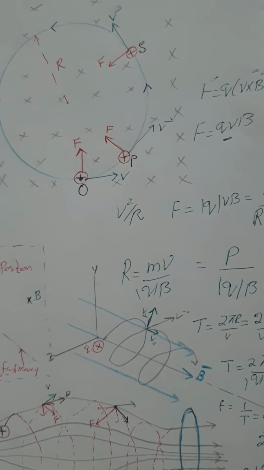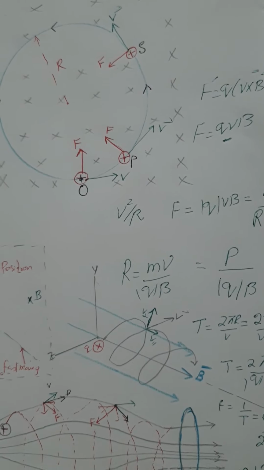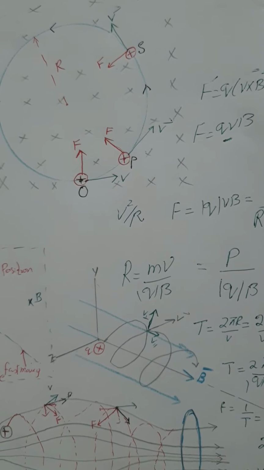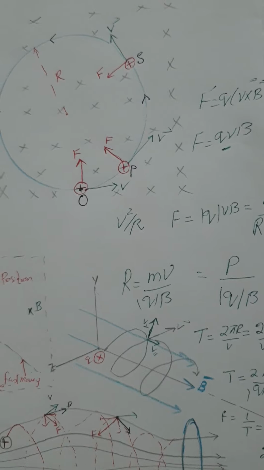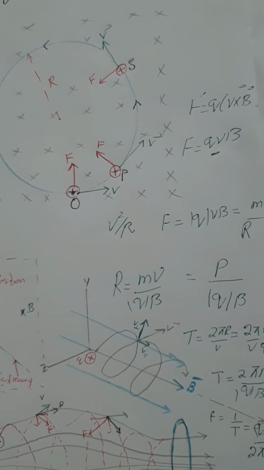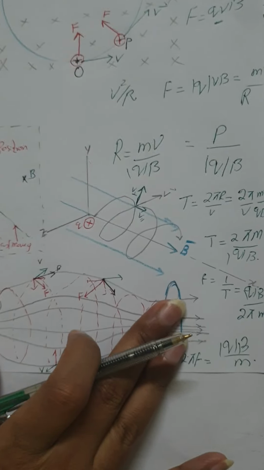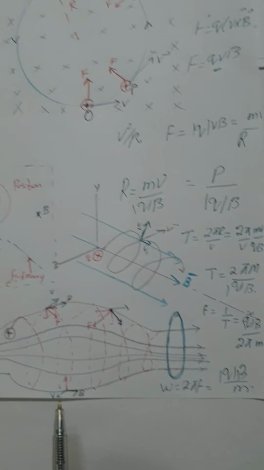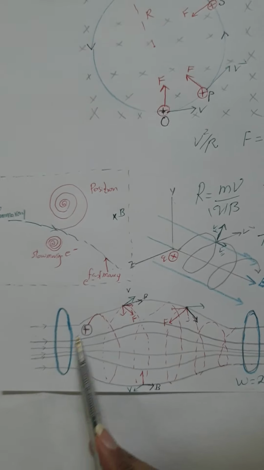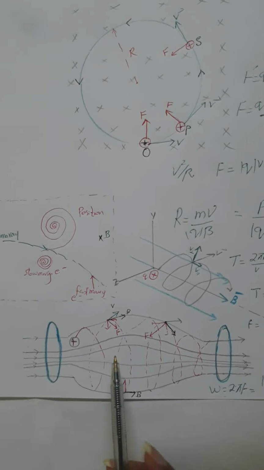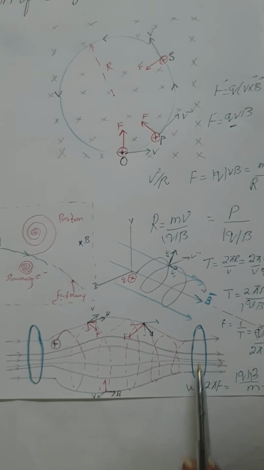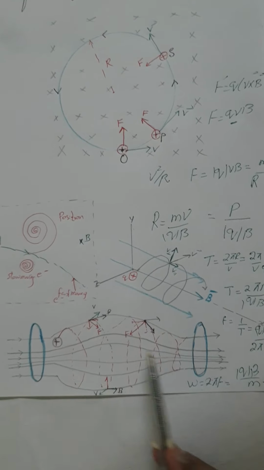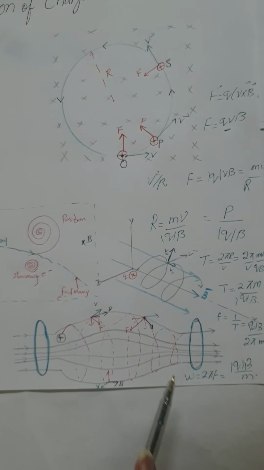And now let's discuss one more complicated case, where the motion of a charged particle is in a non-uniform magnetic field, and this is definitely a very complex case. Here is a field produced by two circular coils which are separated by some distance.